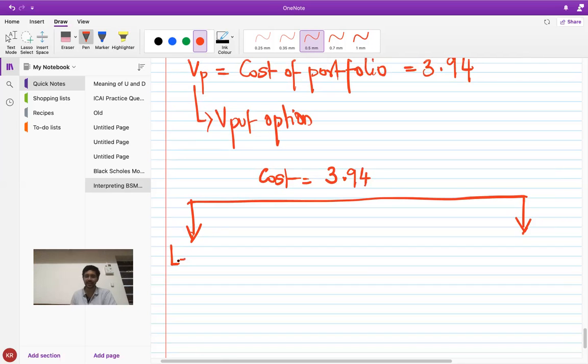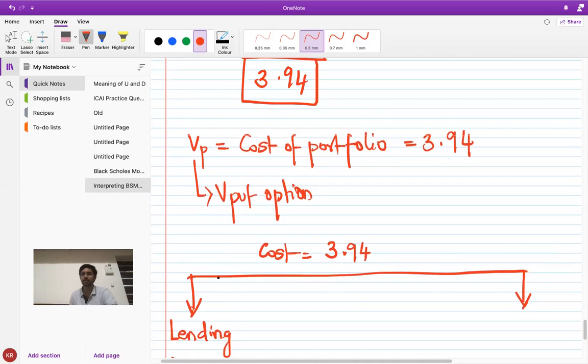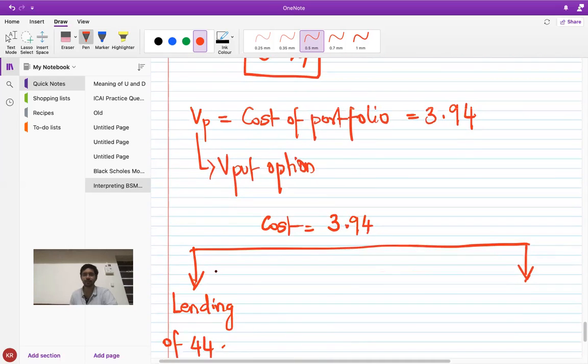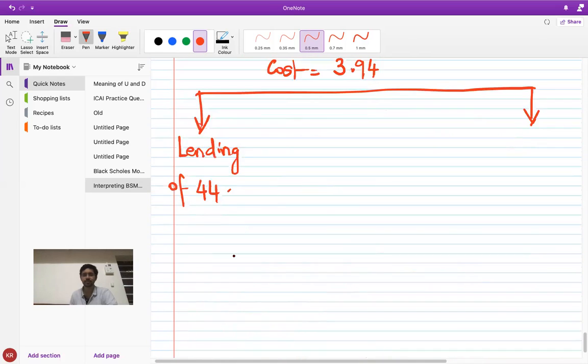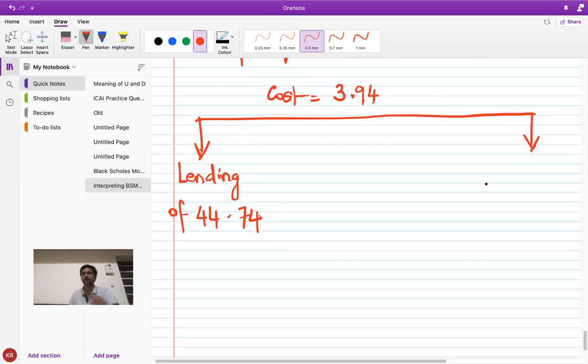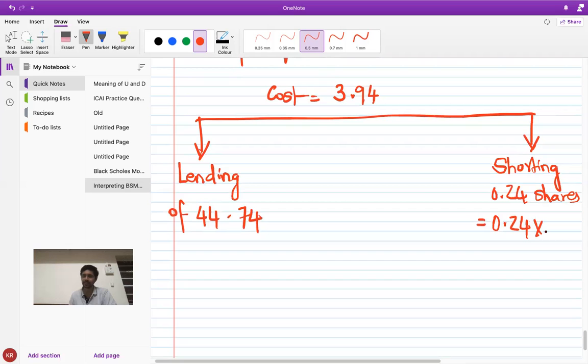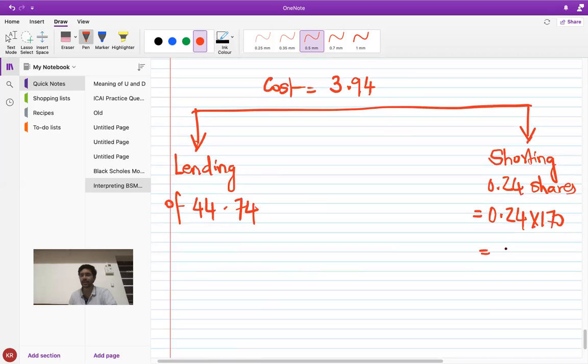One, lending of 44.74, and shorting 0.24 shares, that was equal to 0.24 into 170 is equal to 40.8.